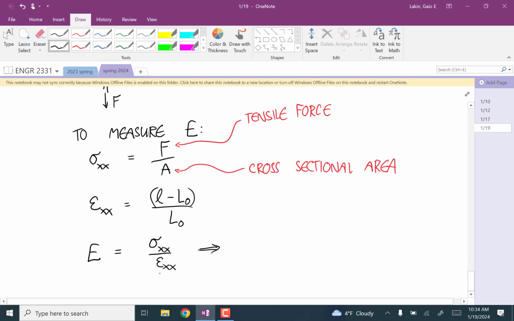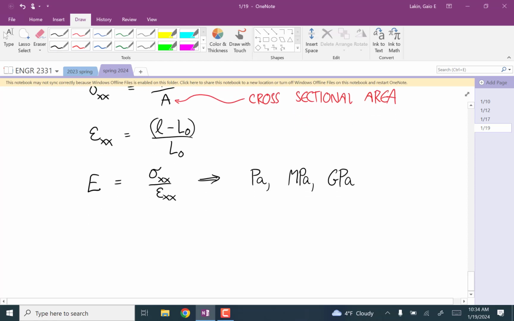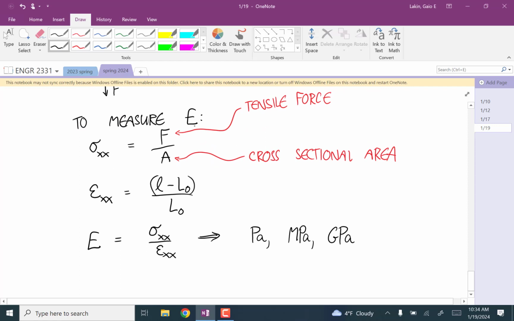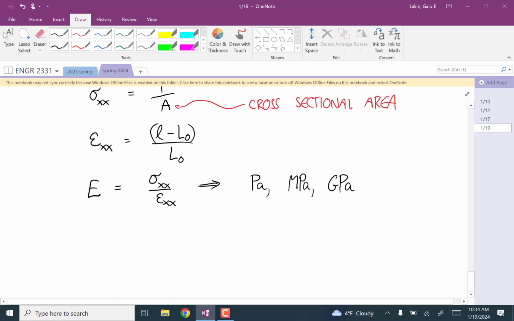Since the denominator is unitless, the units for the stiffness are going to be pascals again. So that's to measure the stiffness.